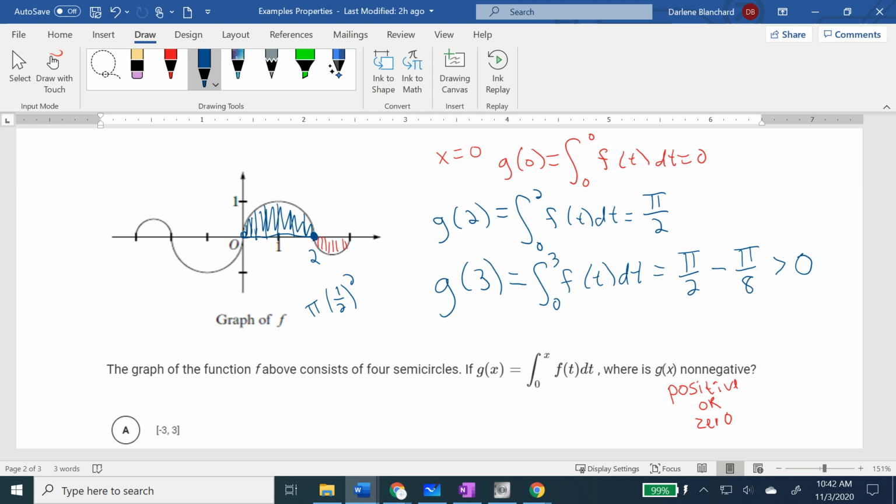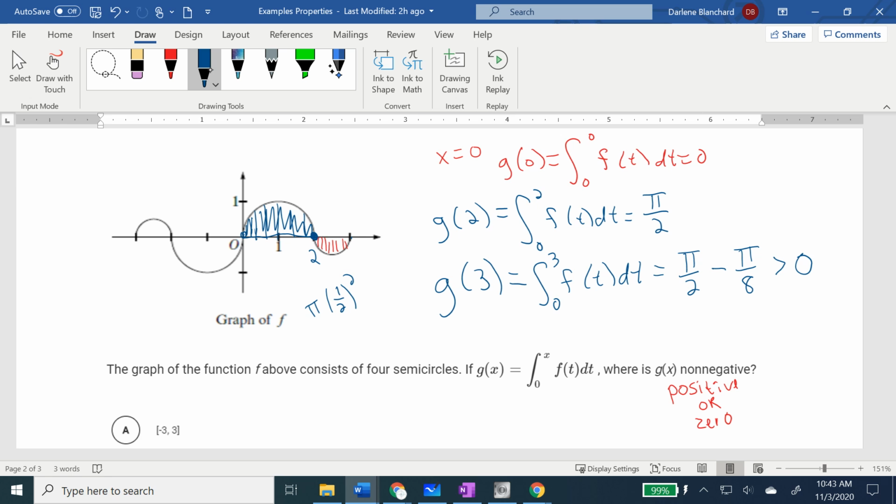Now, g increases from 0 to 2. G decreases from 2 to 3. But g of x is positive the whole time when x is bigger than 0.